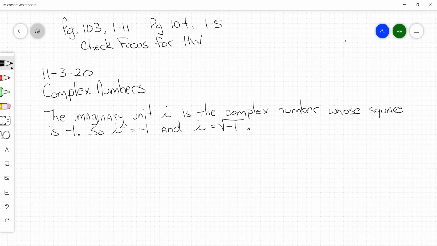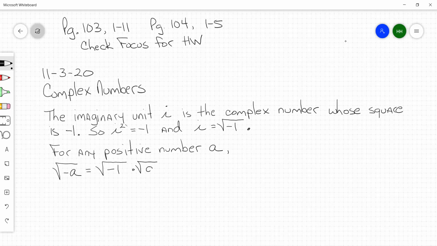So we're going to say for any positive number a, the square root of -a is equal to the square root of -1 times the square root of a, which is equal to i times the square root of a.